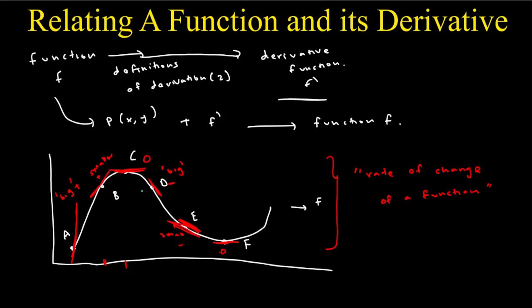So in general, a derivative describes the rate of change of a function at various points. So what if we have a graph of f prime, and we're given an initial value, and we want to find the graph of f?